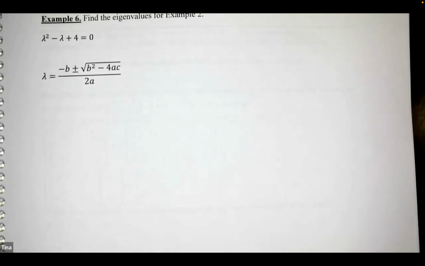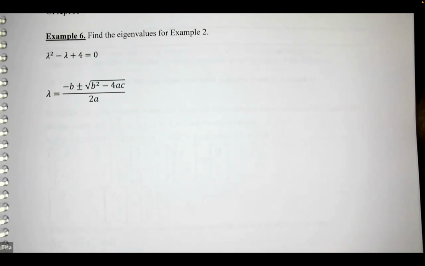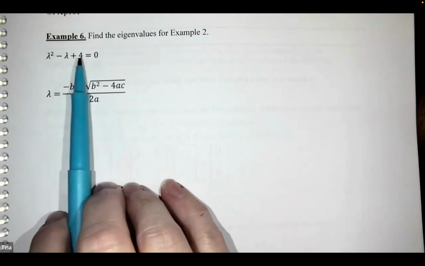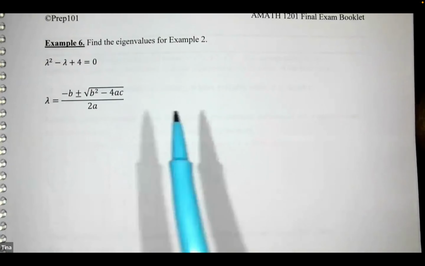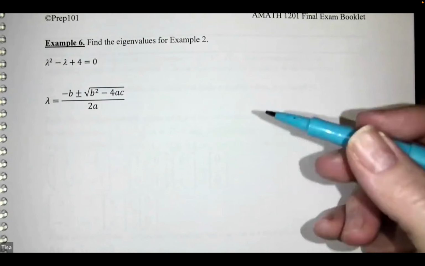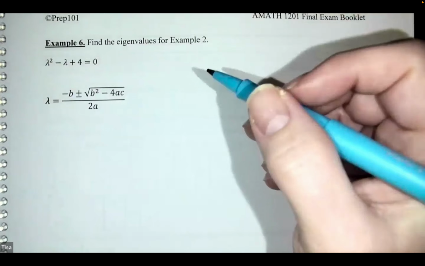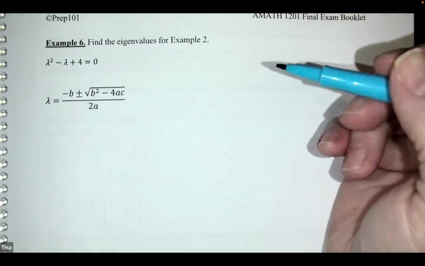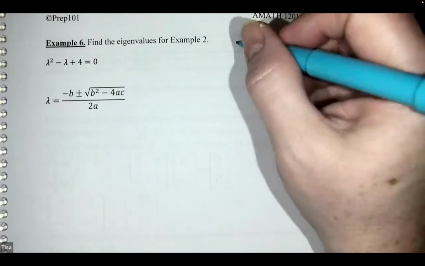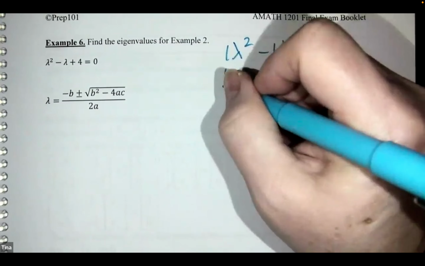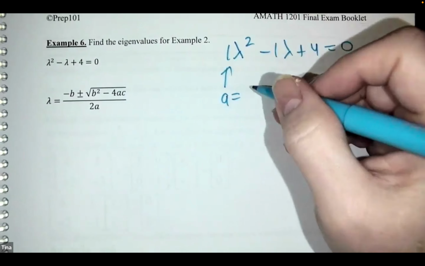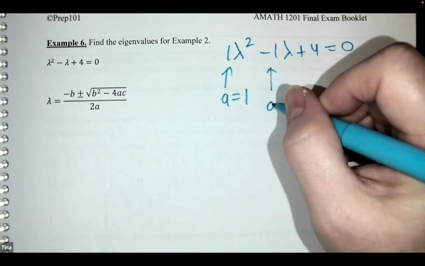Okay, so find the eigenvalues for example 2. This was the characteristic polynomial we had a little while ago, because we took a detour to complex numbers, right? But we have our quadratic formula, which is normally x equals, but now it's going to be lambda equals. The number in front of lambda squared, there's nothing there, it's a 1.